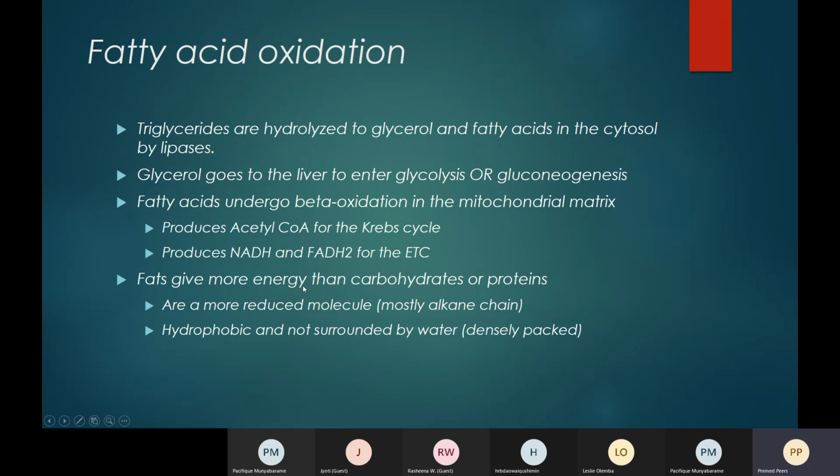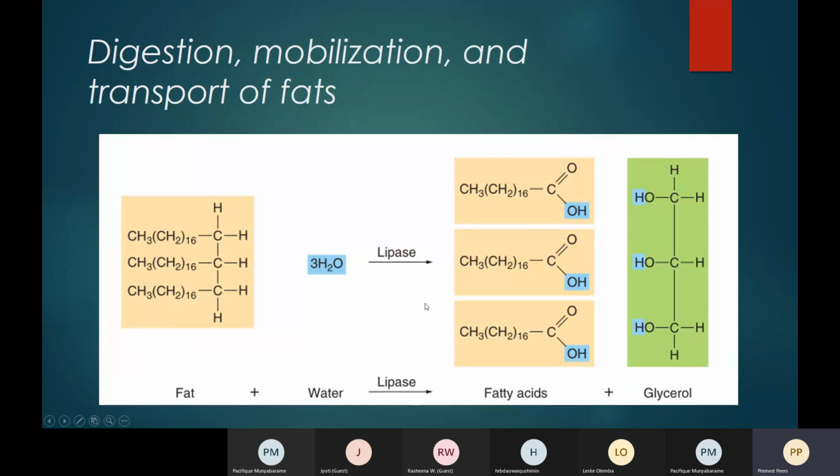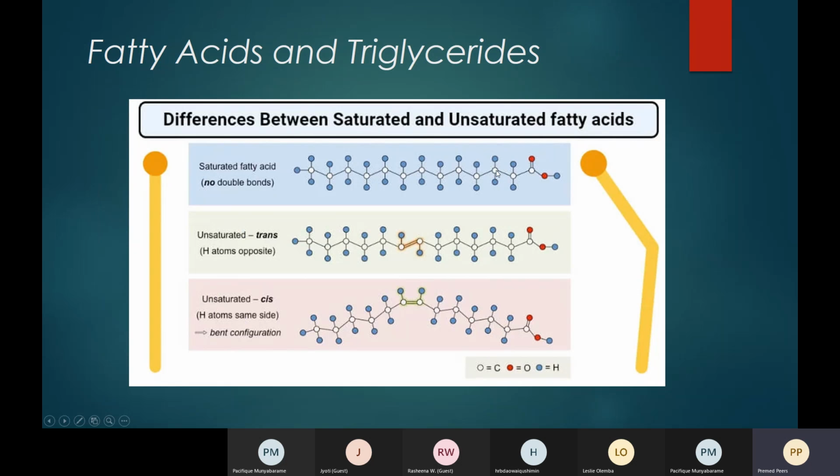You probably already knew this, but they do ask questions about it. Fats give more energy on a per gram basis. On a per gram basis, fats give more than double the energy of carbohydrates and proteins. And there are two good reasons for this that are good to know. Remember, when we're getting energy from food, we're oxidizing the molecules. Well, look at these fat molecules. It's mostly just an alkane, so this is a very reduced state.